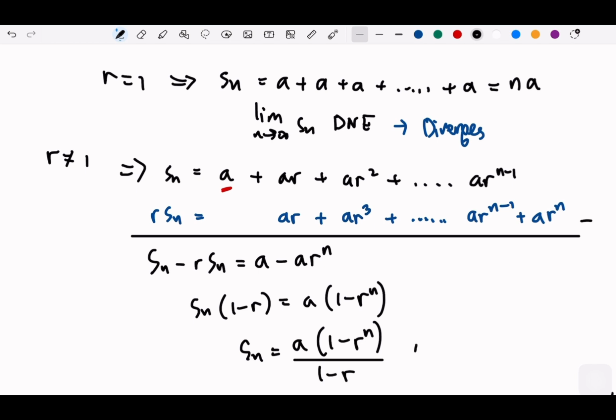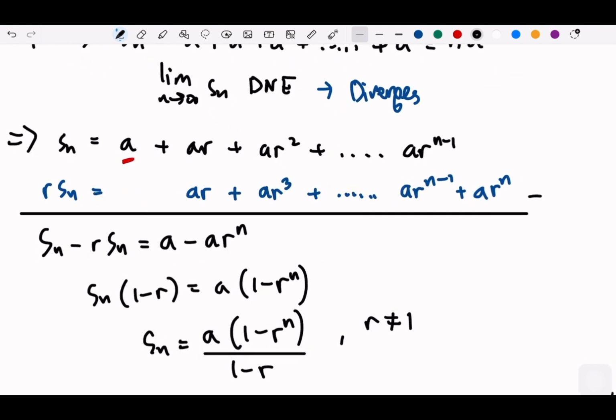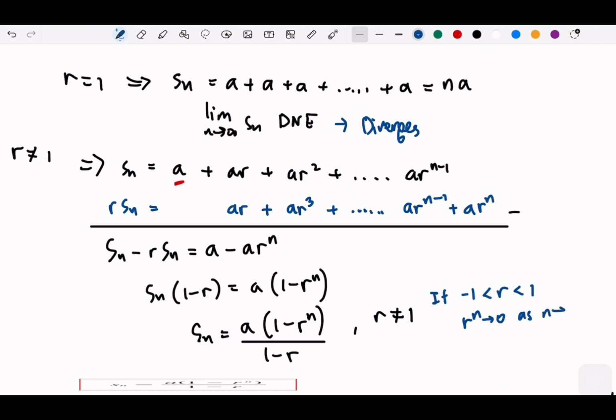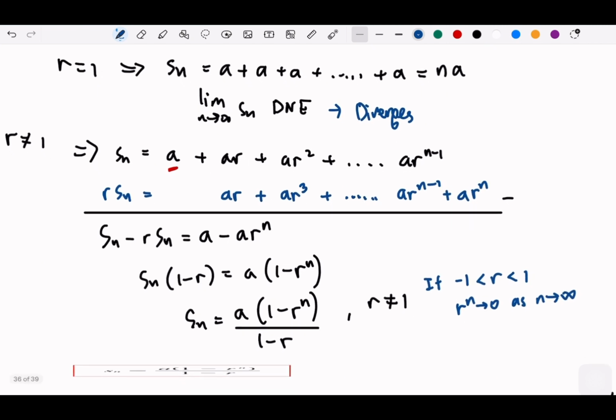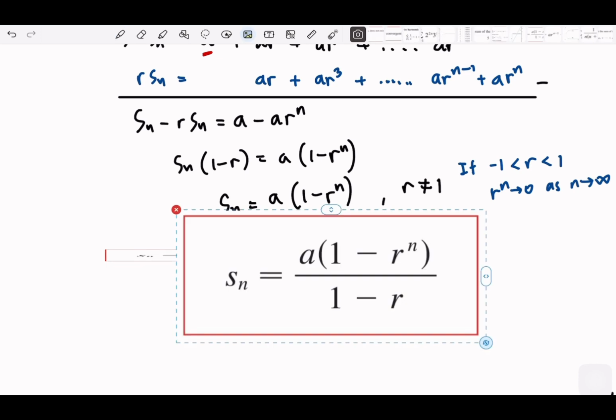Remember, this works when r is not 1, or from the previous sequence I mentioned, that if -1 is less than r and r is less than 1, then r to the power of n will go to 0 as n gets larger.